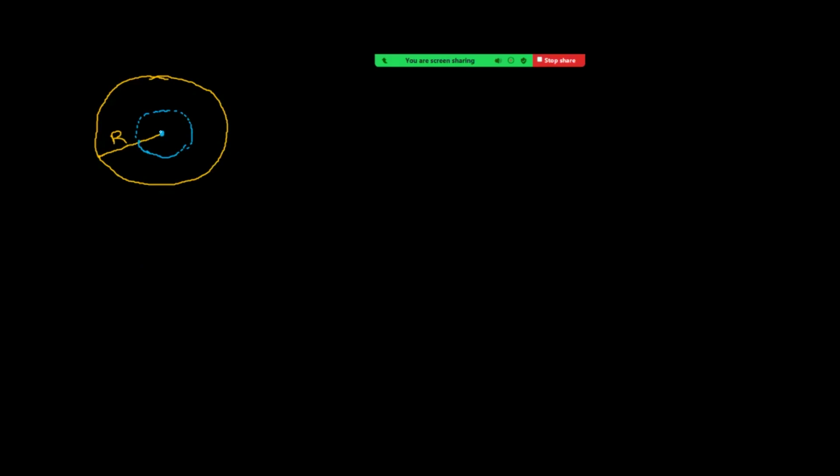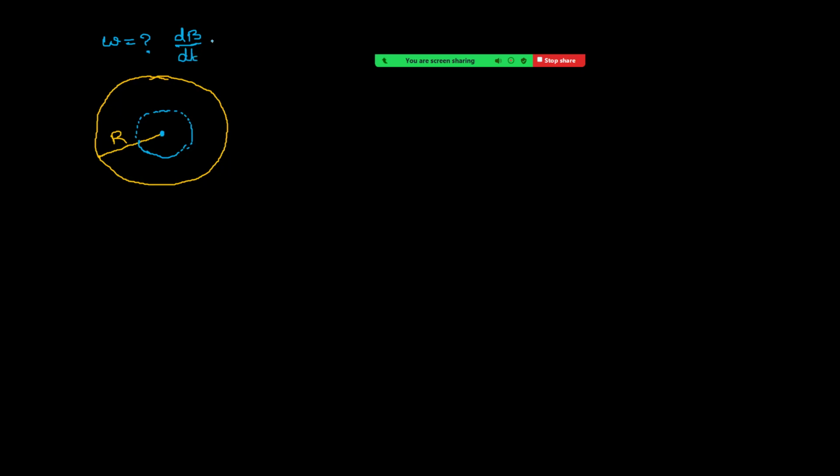And the plane of the ring is normal to the axis of the cylinder. It is like this, right? Initially, the ring was at rest. Now we have to calculate the angular velocity of the ring if the magnetic field is changing with respect to time.